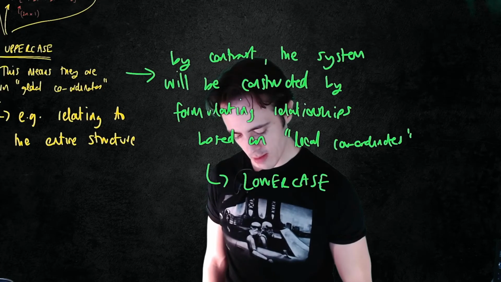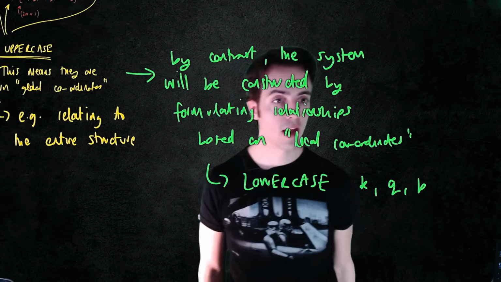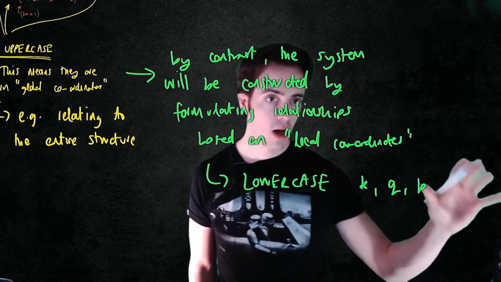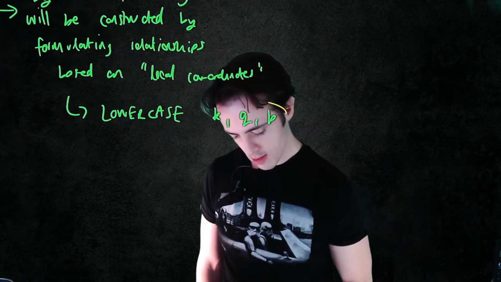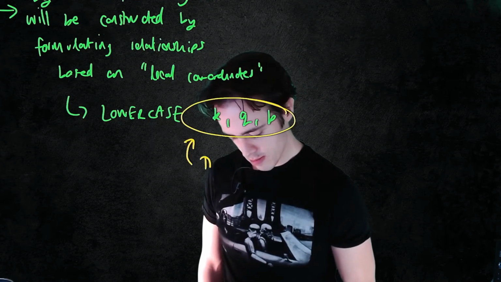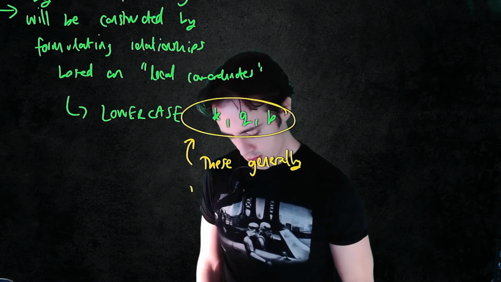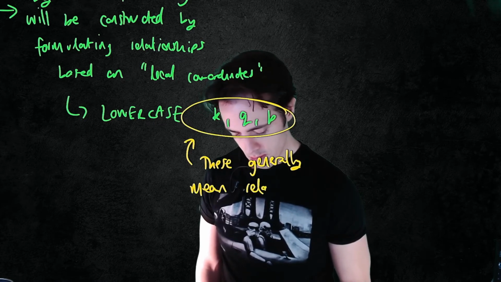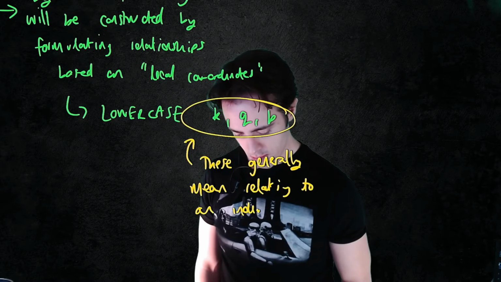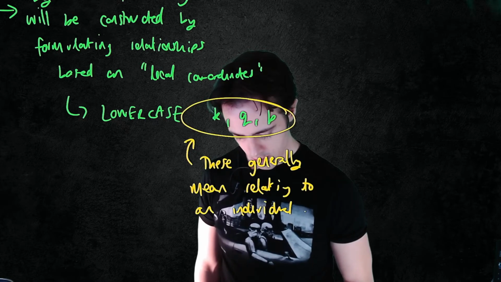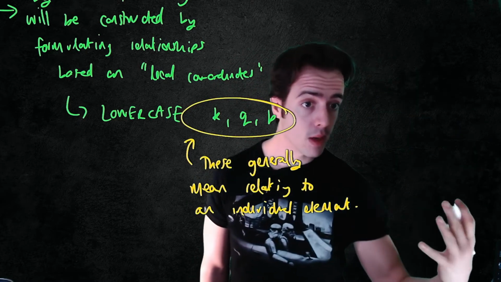So, for example, I'll have a lowercase k, a lowercase q, and a lowercase p. If you see terms in lowercase, this means relating to an individual element, and by individual element, we're just talking about an individual member in this case.